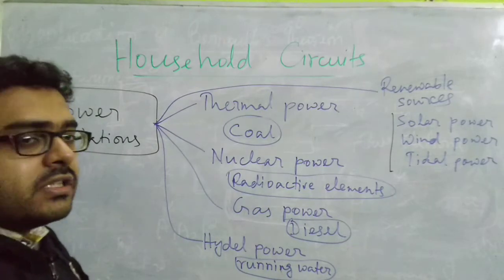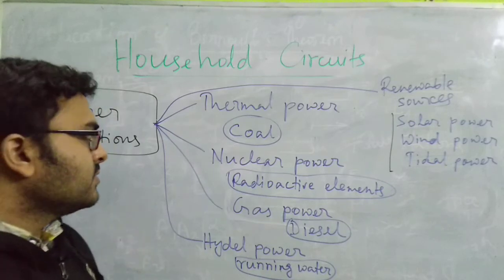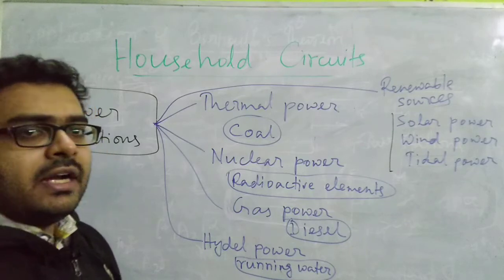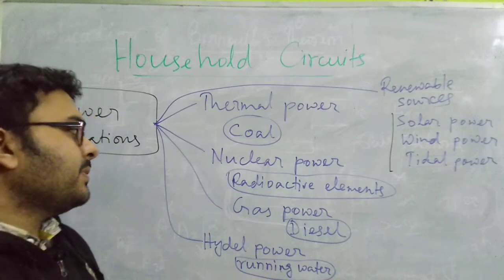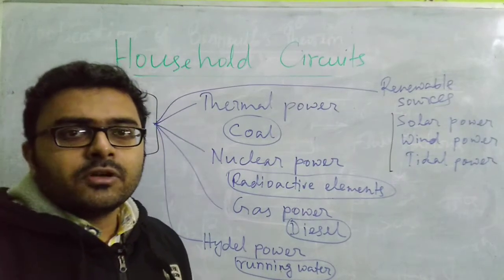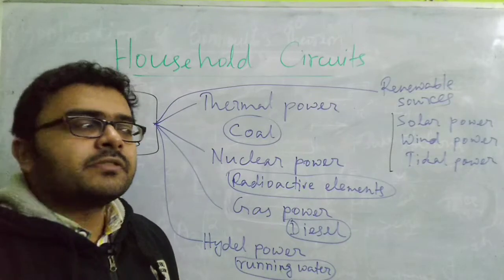Now the first three types of power station, thermal power station, nuclear power station and gas power station, generally burn the fuel, the coal, the radioactive element or the diesel, and generate heat. In a nuclear power plant, radioactive elements undergo a controlled fission reaction process and generate a lot of heat.